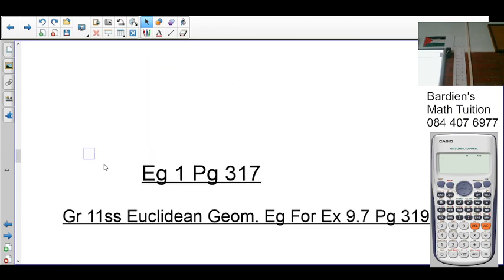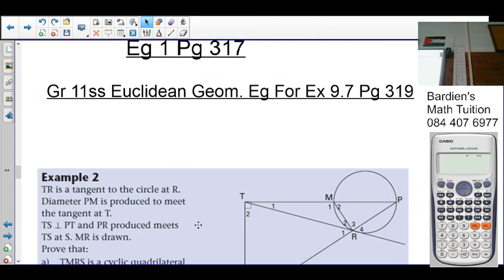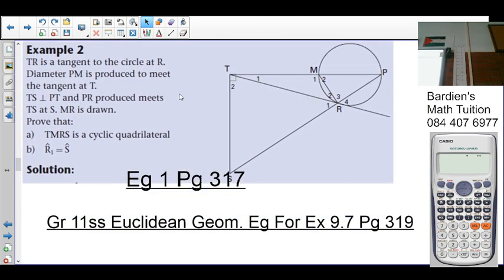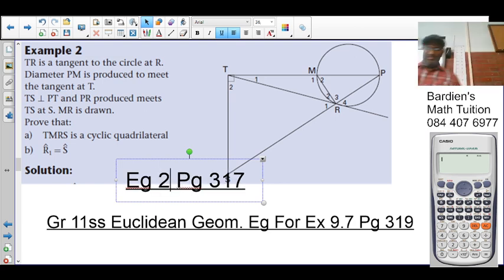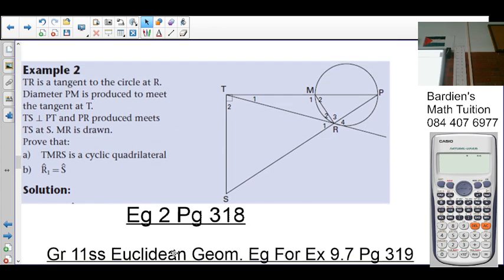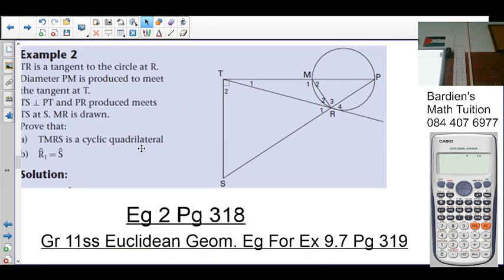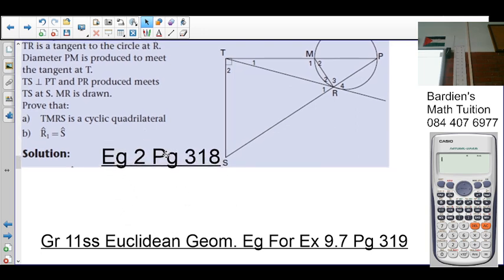Okay, we'll do another one. Example 2 is on page 318. Here we are told that TR is a tangent to the circle.